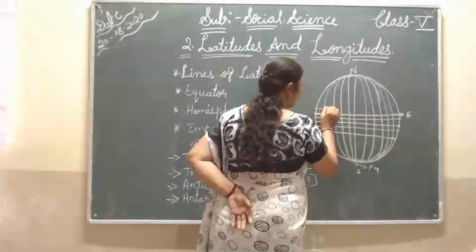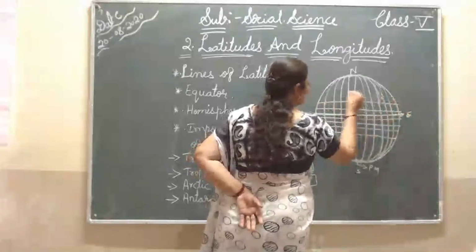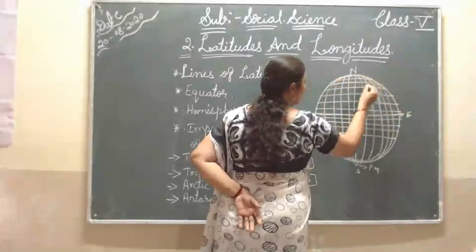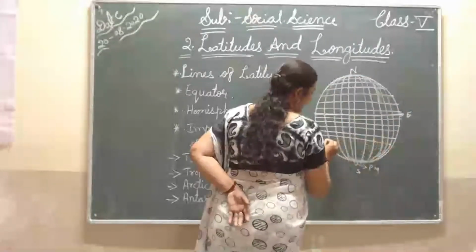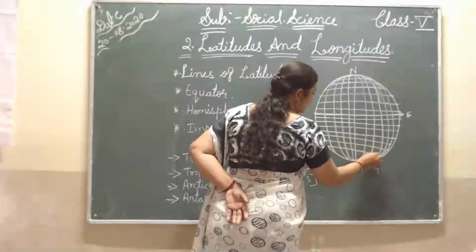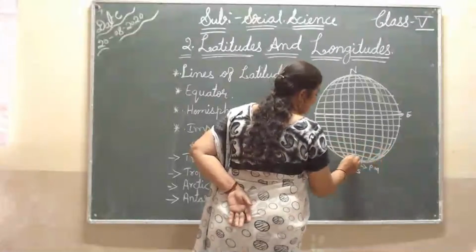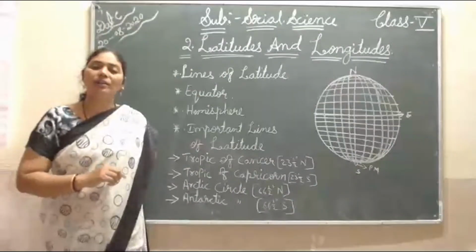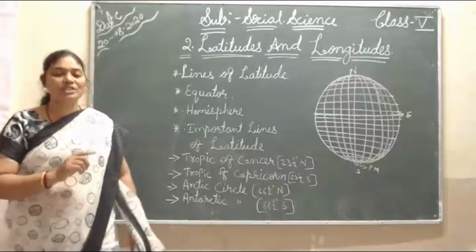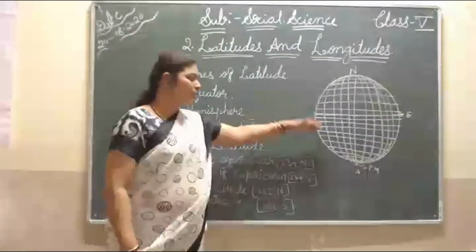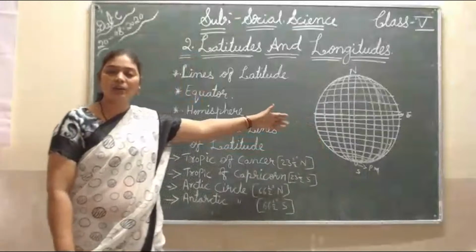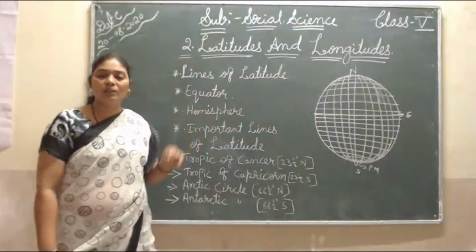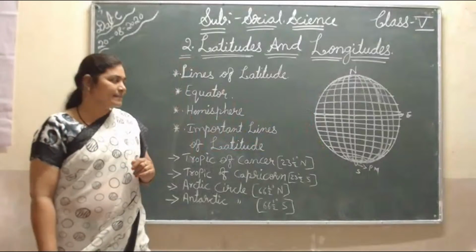Near the north and south points the lines also decrease slowly. These are called horizontal lines. Lines coming north to south are called vertical, and lines moving east to west are called horizontal lines.